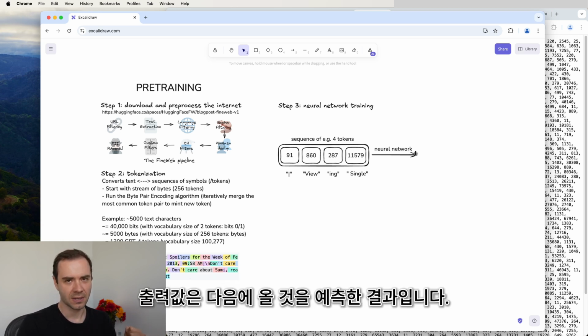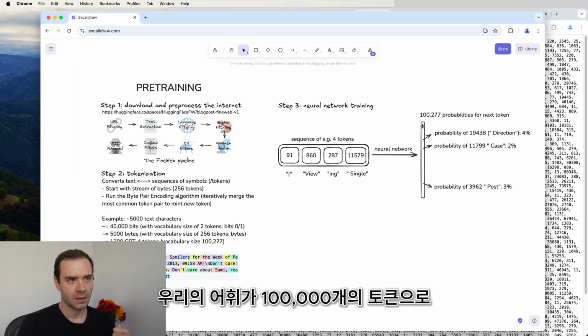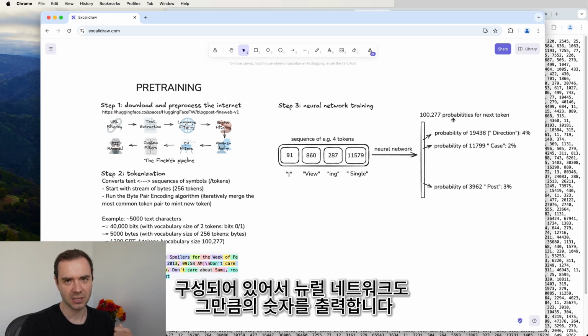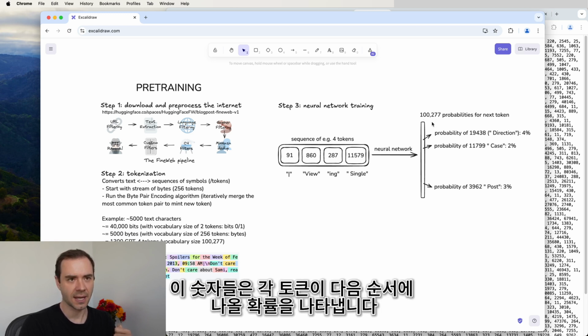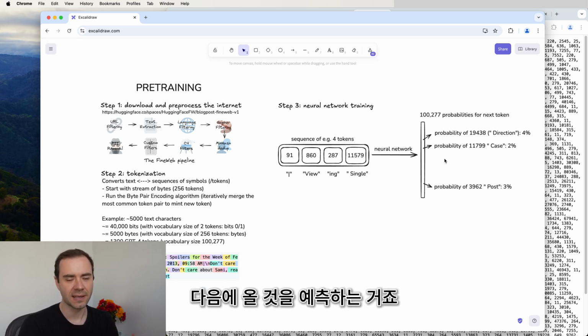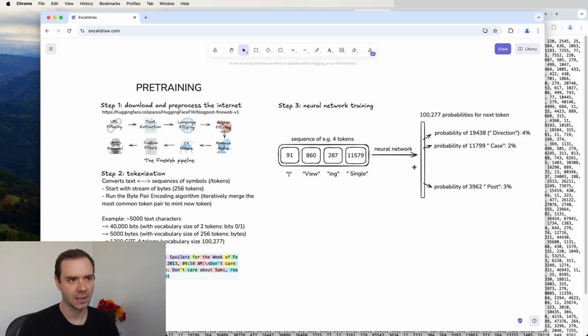The output now is a prediction for what comes next. Because our vocabulary has 100,277 possible tokens, the neural network is going to output exactly that many numbers, and all of those numbers correspond to the probability of that token coming next in the sequence. So it's making guesses about what comes next.